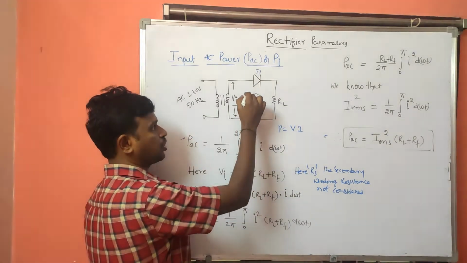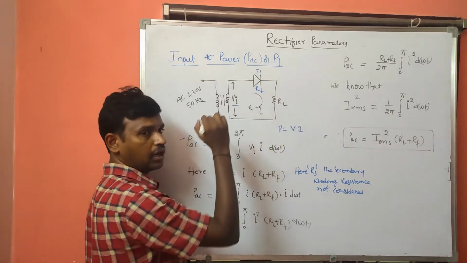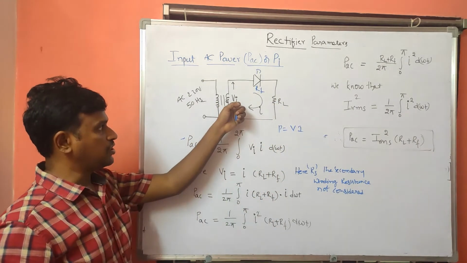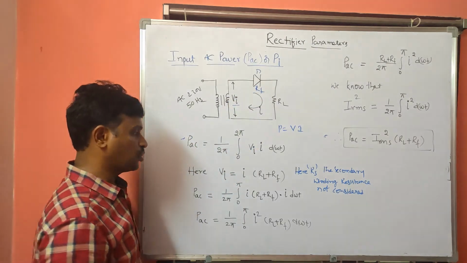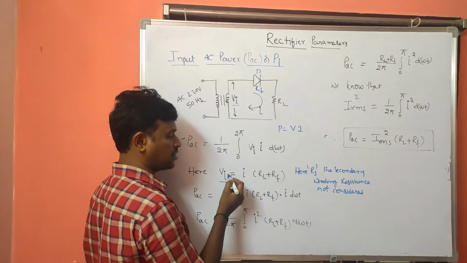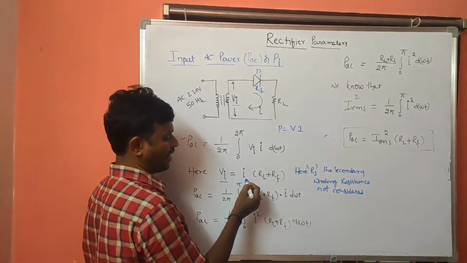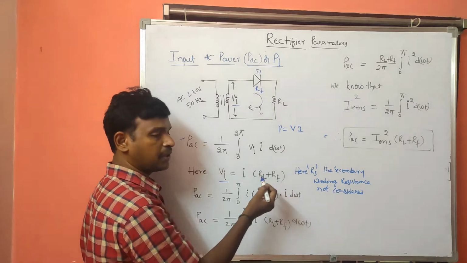That's why the voltage is divided across RF and RL. So I can write this Vi, the input or instantaneous voltage, is equal to the instantaneous current I multiplied with RL plus RF.